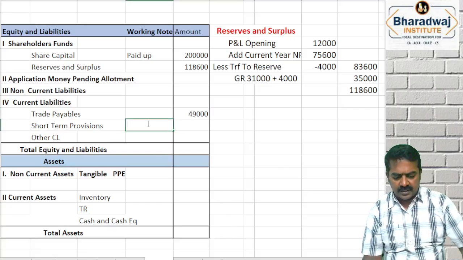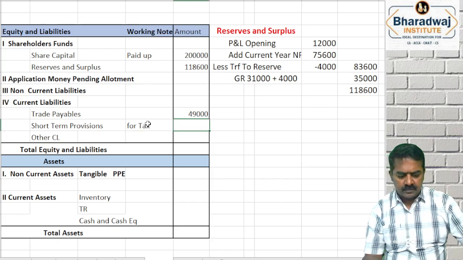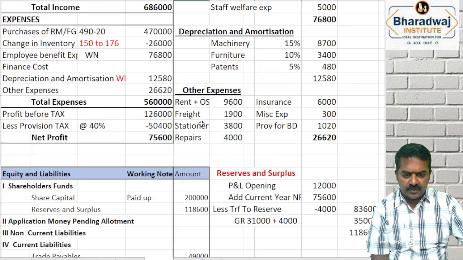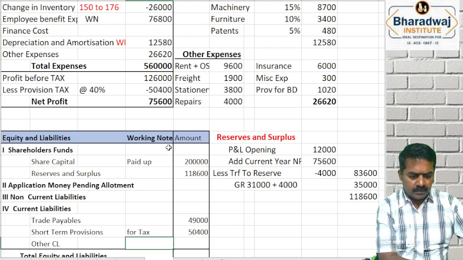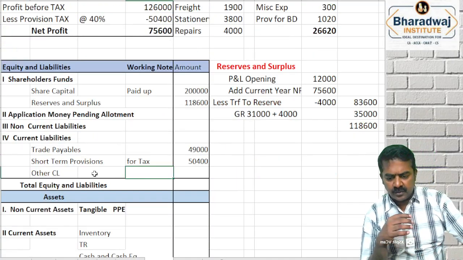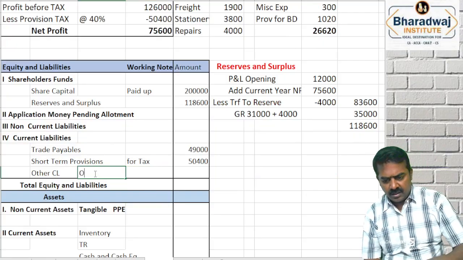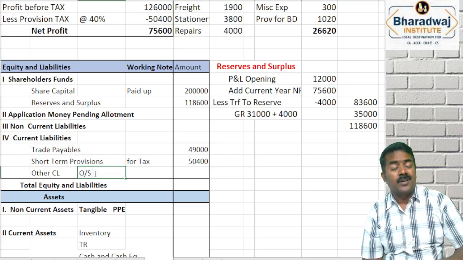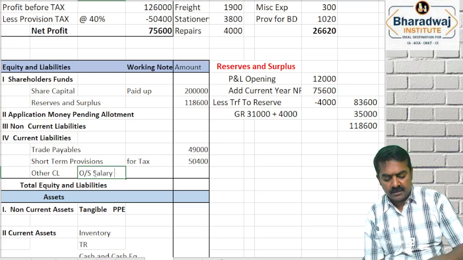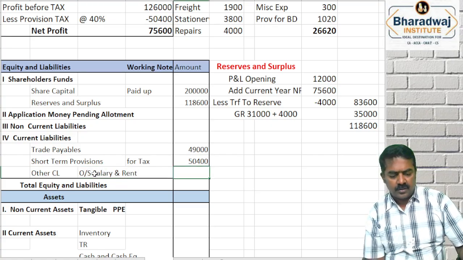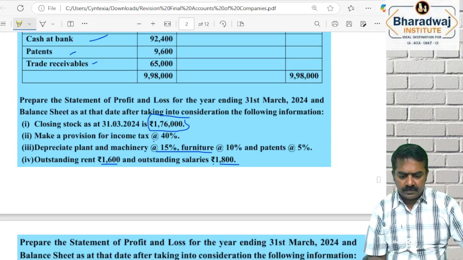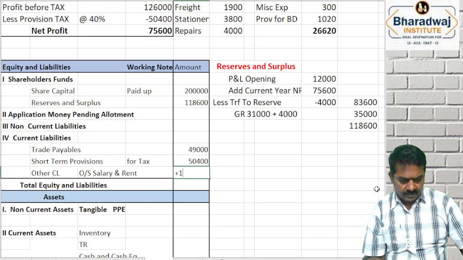Short-term provision for tax. We created a short-term provision for tax. 5,400 will come. Other current liabilities will include outstanding salary and rent. Outstanding salary and rent, 3,400 total, sir.